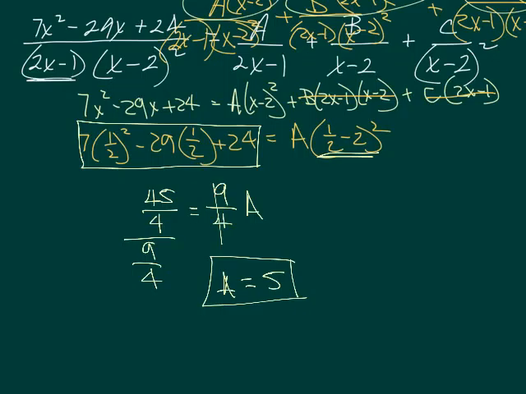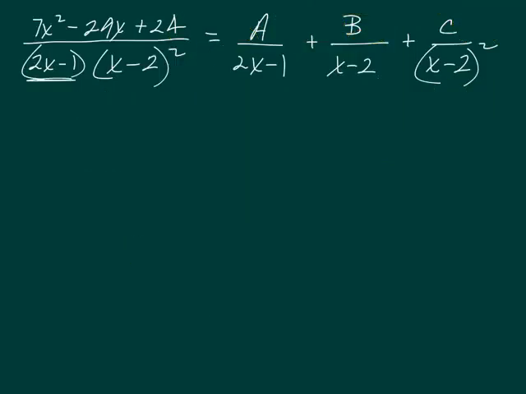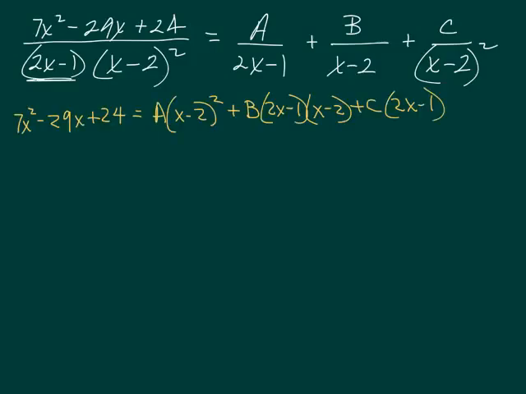So let me clean this up and get us back to where we originally were so we can see what that looks like. So here we are at our original problem, and this a here will be replaced with the number 5. Okay, so now we're going to look for our b and our c. Remember in the last one we needed to get rid of two variables.